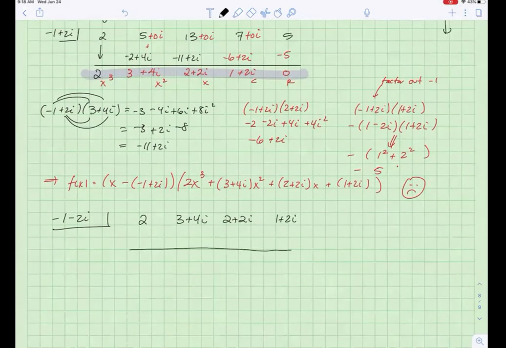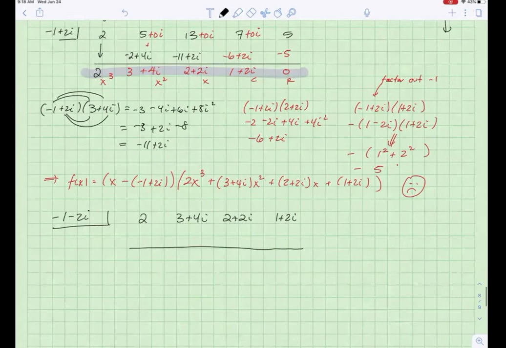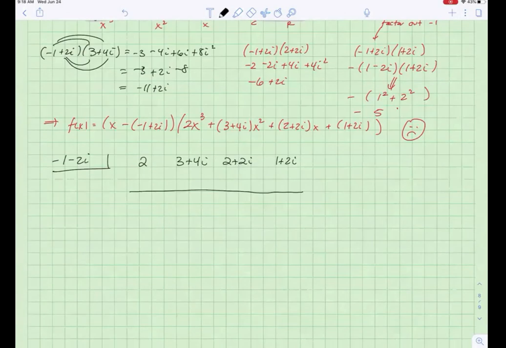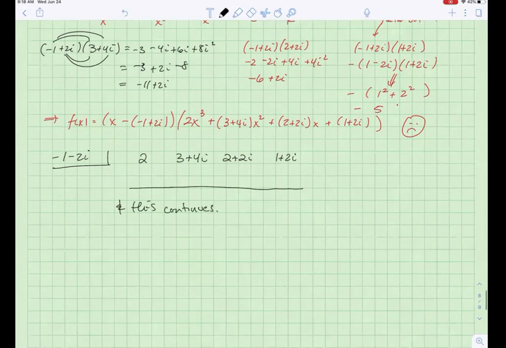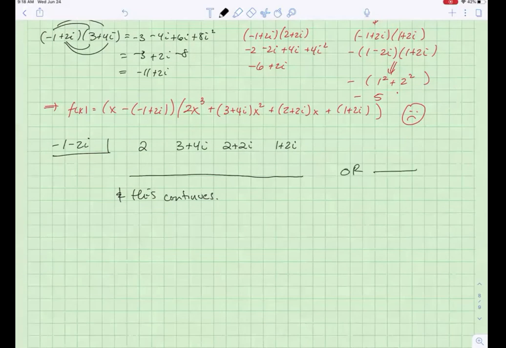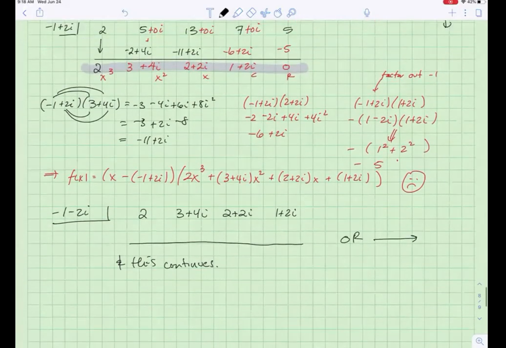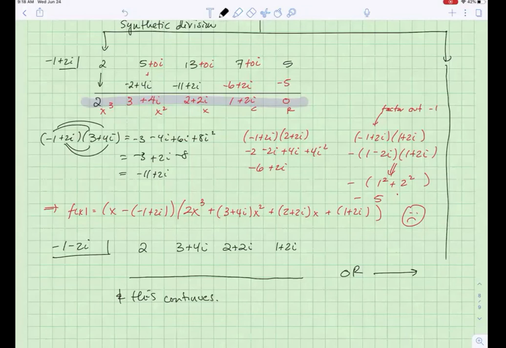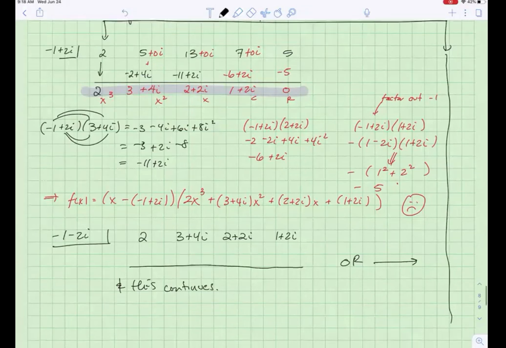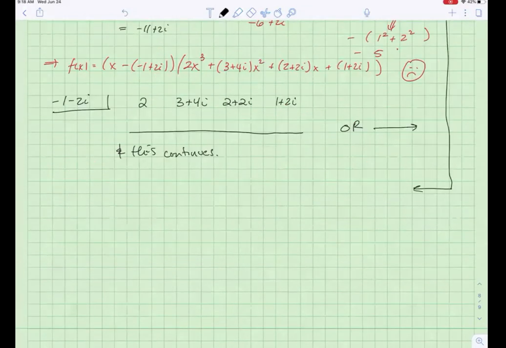And you can do the long division or synthetic division. Now, this continues. And I'll do it if you want, but or you can choose a different path.